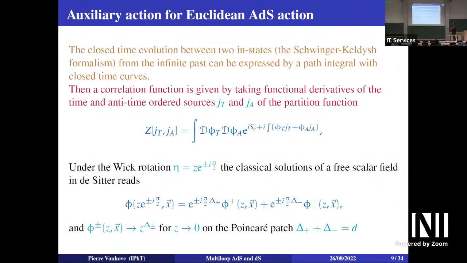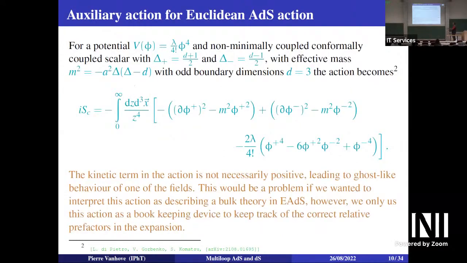And in this Wick rotation, the potential is phi to the fourth. So when you expand this and use the fact that these deltas are given by these values, where d is an odd integer, then in the expansion I only kept these monomials: phi plus to the fourth, phi minus to the fourth, and this coupling.